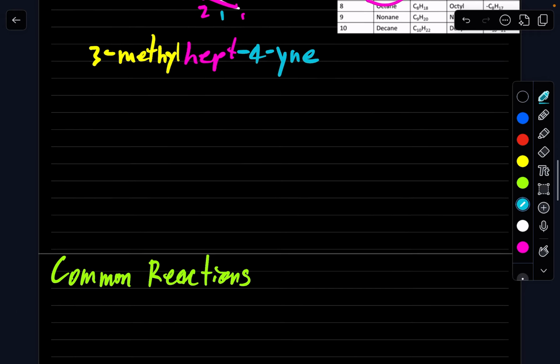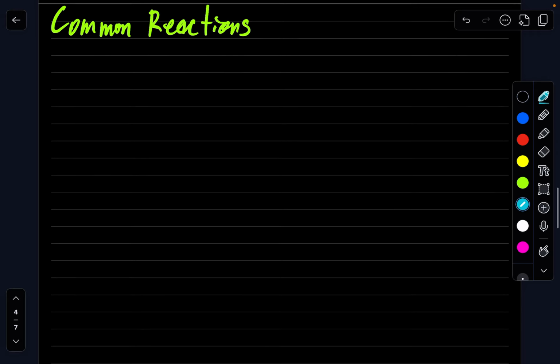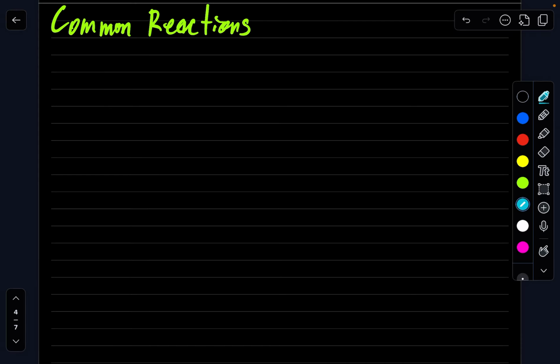So some common reactions that occur with aliphatic hydrocarbons are free radical reactions, which happen between alkanes and halogens under UV light.